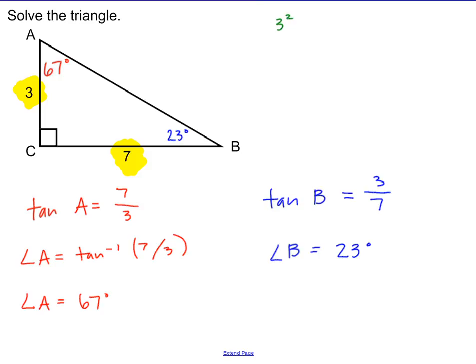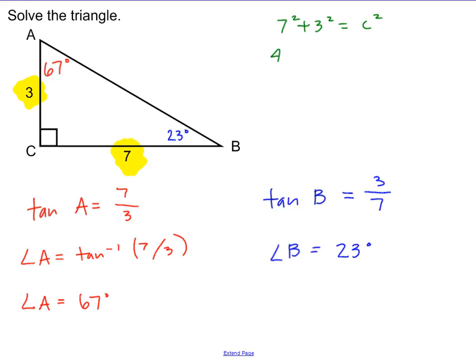So a squared plus b squared equals c squared. And really, a and b don't matter when you're doing Pythagorean theorem. If I'm following it this way and I actually do a squared and b squared, I really should be labeling it 7 squared plus 3 squared.